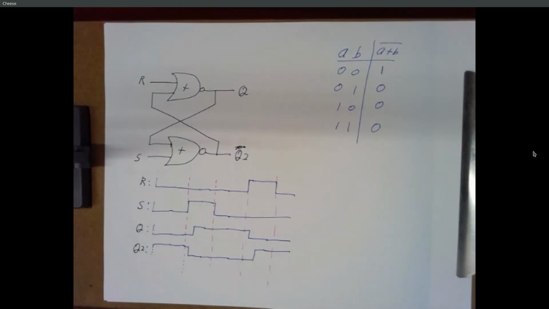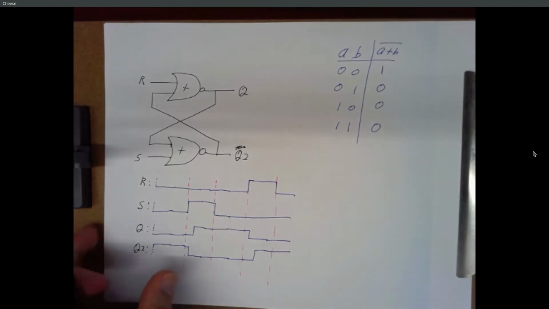So that's a memory. And we can build every kind of memory that we're going to use in the rest of the course from this one circuit. We just keep adding on this. Eventually we're going to talk about a type of memory called a flip-flop, but this is not actually a flip-flop yet. This is something we can call a gate.